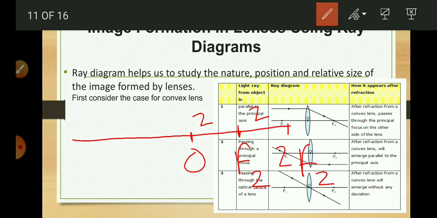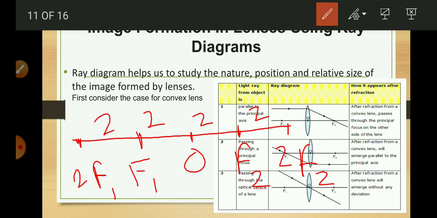Similarly, on the left side mark F1 and 2F1. So here again at the same distance you have to take 2 points, F1 and 2F1. The distance between them should be the same. We will take 2 cm.